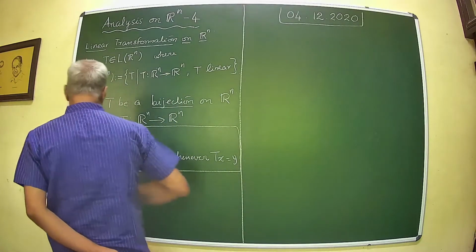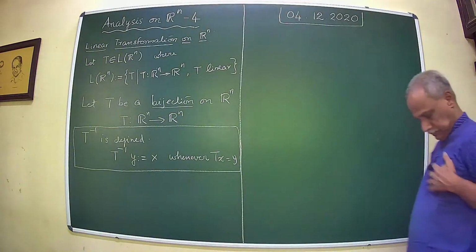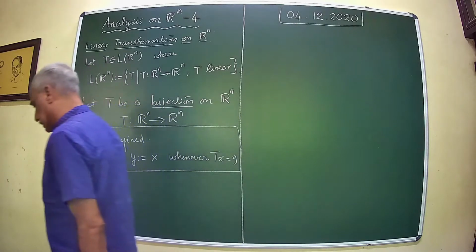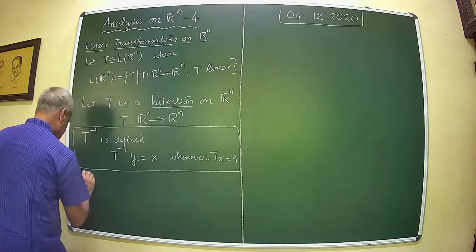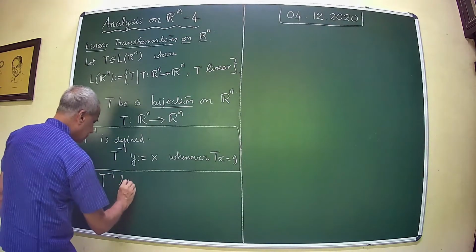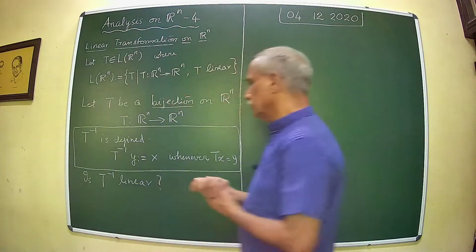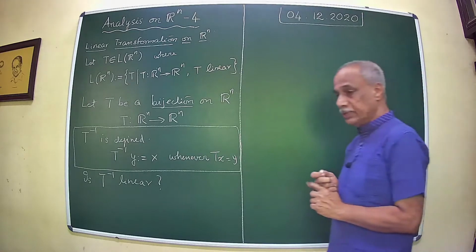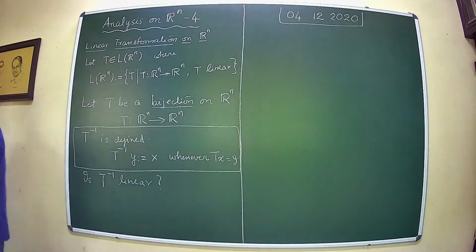Now the obvious question that you ask at this stage is: is it linear? Because to define T inverse, all that you need is the property that T is a bijection.